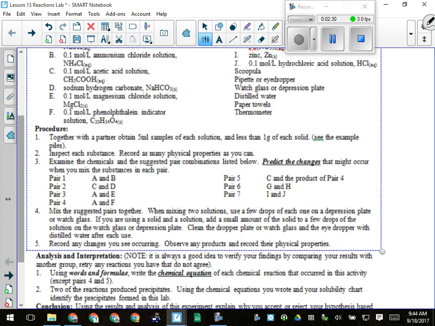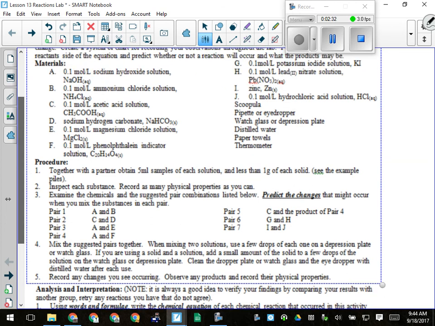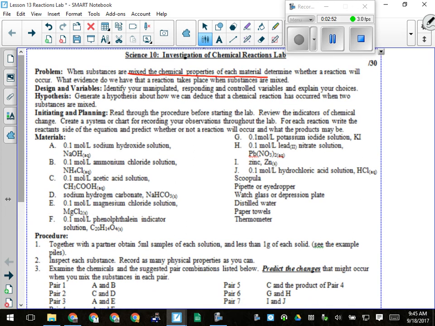The first pair that you're mixing is A and B, so that would be sodium hydroxide and ammonium chloride. Those two will be mixed together as the first pair to show whatever signs that reaction will show, and then the next pair will show different signs, most likely, and things like that. So I would say, describe your manipulated variable. How are you manipulating it? Same as it was in the first one, right?